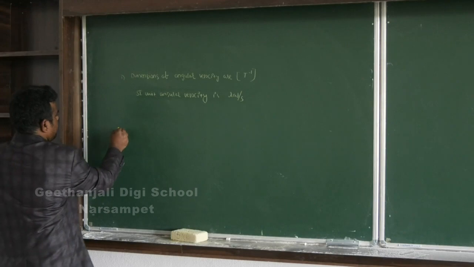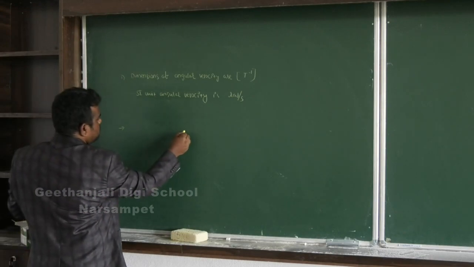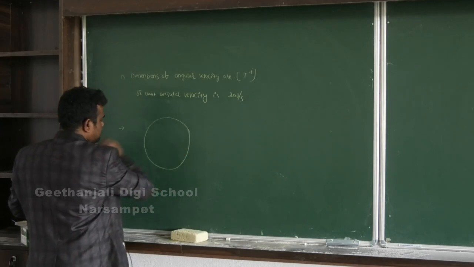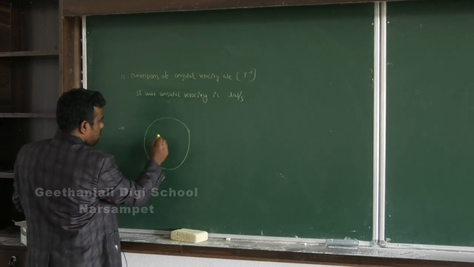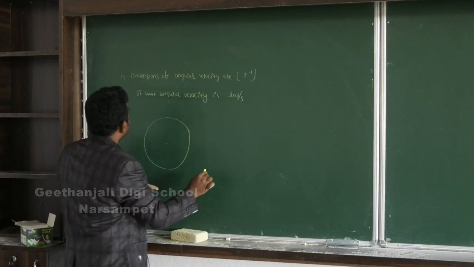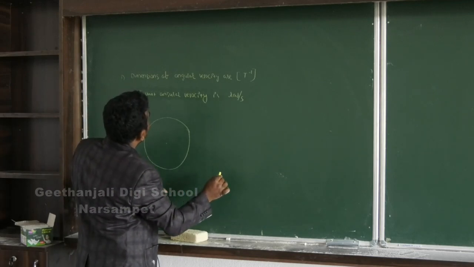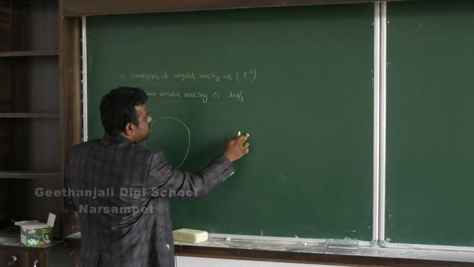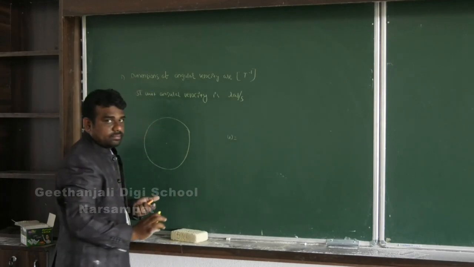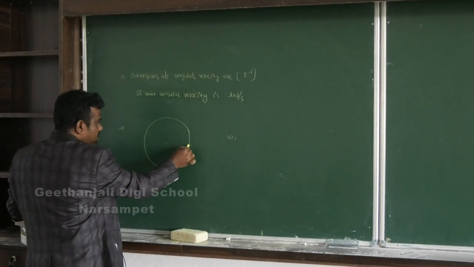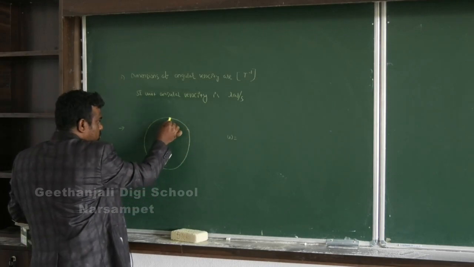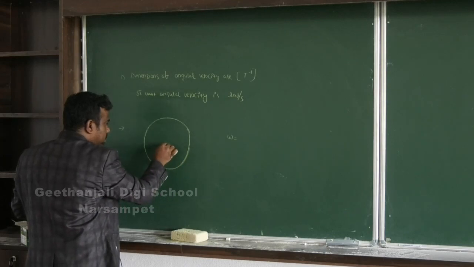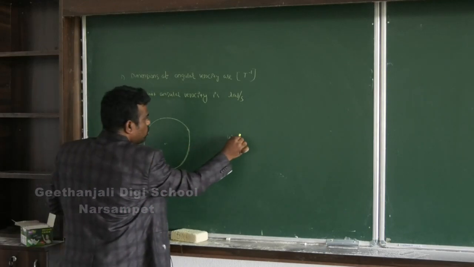Let us see one thing. A particle is moving in a circular path like this. What is the expression for angular velocity? Omega is equal to total angular displacement by total time taken. If the particle completes one revolution, then the angle made in this process is 2 pi.